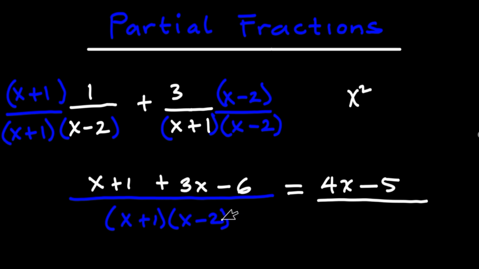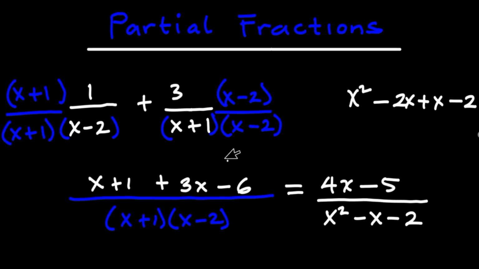Then x times negative 2 is going to be negative 2x. Then we have 1 times x, which is going to be positive x. Then positive 1 times negative 2 is going to be negative 2. And if we simplify this, we're going to end up getting x squared minus x minus 2.